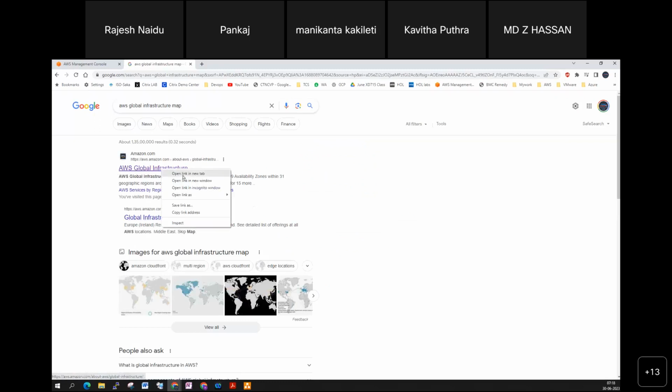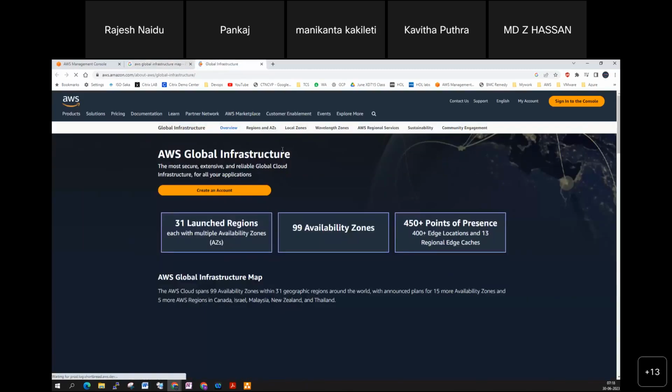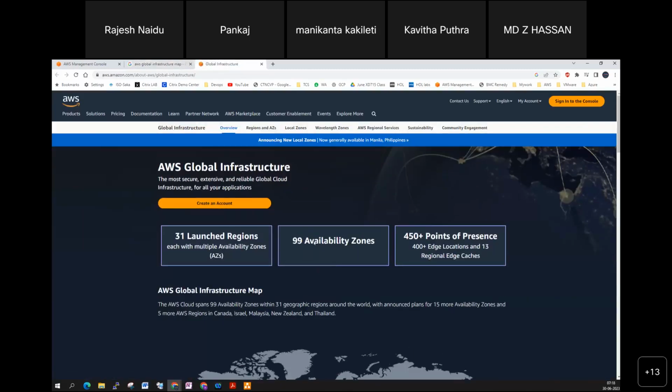Open this, and we have 99 availability zones. That means 99 data centers, guys, not one or two. 99 big cloud data centers are available. As soon as one data center is completed, the next one follows, all over the world.